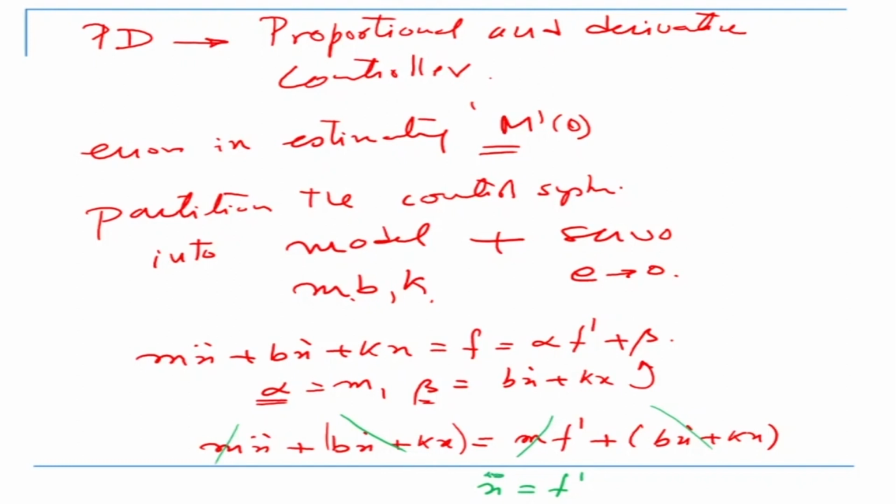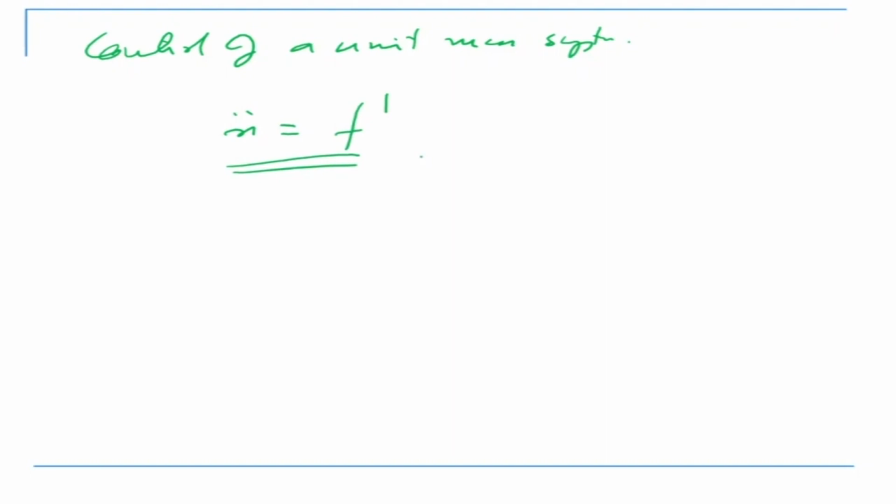This is called a partitioned control system. This is also called control of a unit mass system. It is like we are controlling a unit mass, because x double dot is equal to f dash is like unit mass, one in, acceleration out.